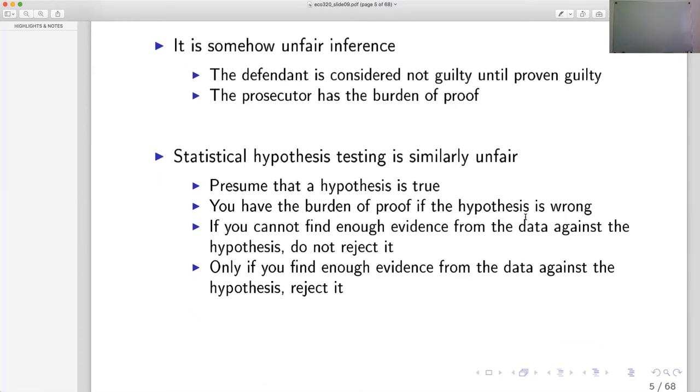Based on the data or sample you have, you need to prove that those are actually working. If you cannot find enough evidence, or you don't find any statistically significant result, then you do not reject it. But if you find it, reject it. I'm going to come back to this issue.